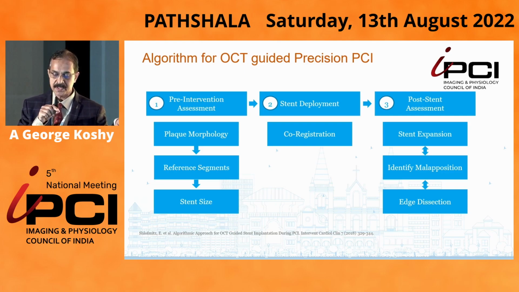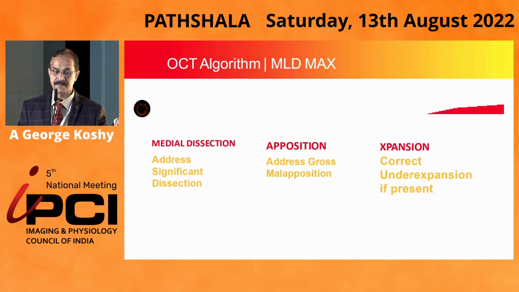In the post-stent assessment, we mainly look at three important areas that come in the MLD MAX. The MLD is actually the pre-PCI, in which you have the morphology, the lesion length, and the diameter.